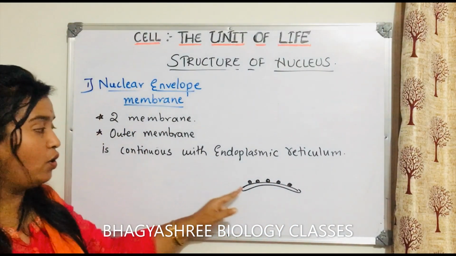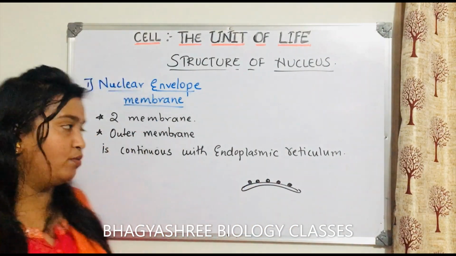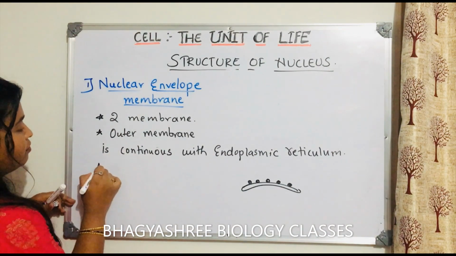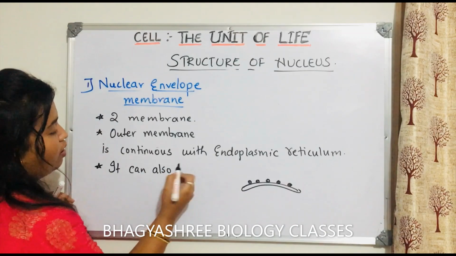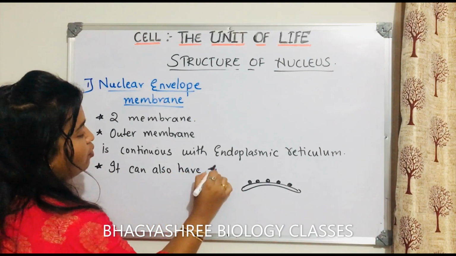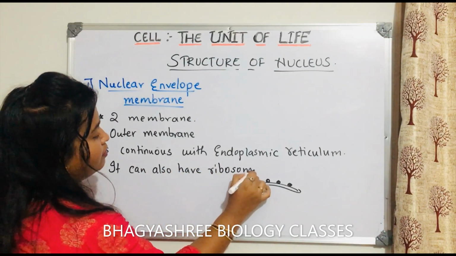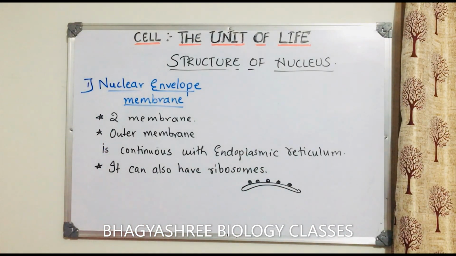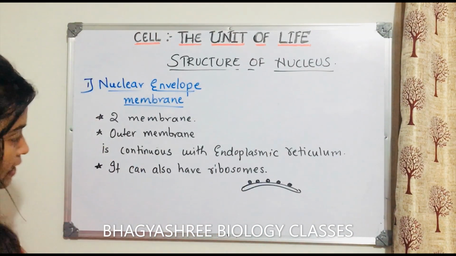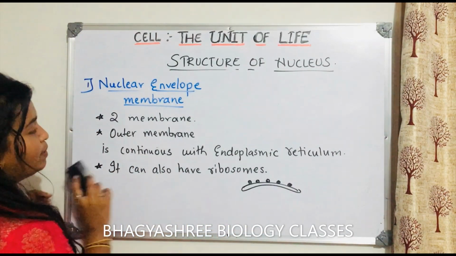So what you will write here is that it can also have ribosomes. Clear? This is all about the outer membrane of the nucleus. Okay, I hope this much is clear.